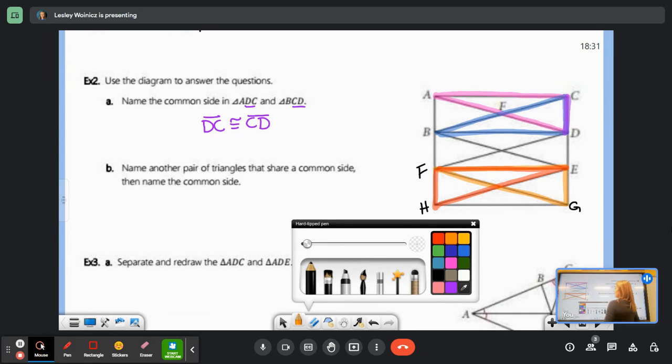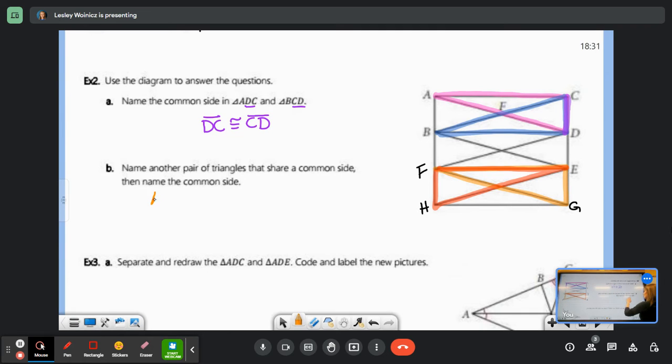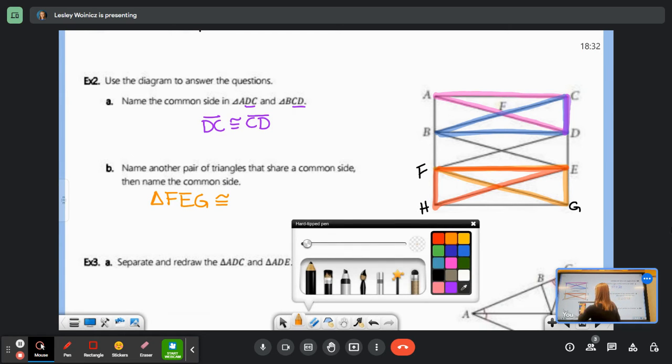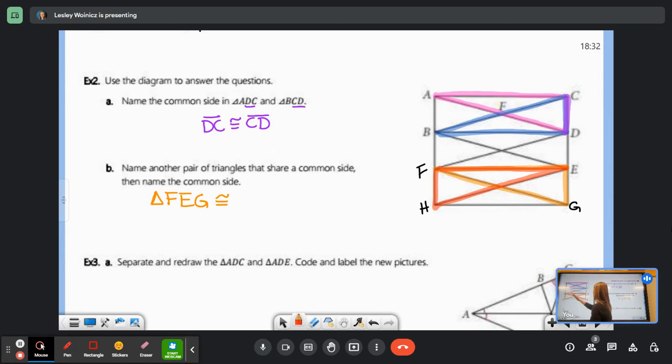All right, so the first one I picked was FEG. So that would be triangle FEG. And I want to say that it is congruent to, now make sure you get it in the right order. F for the orange is going to correspond to E for the red, triangle E, and then F, and then H. E, F, H. All right, and then we have to name their common side.